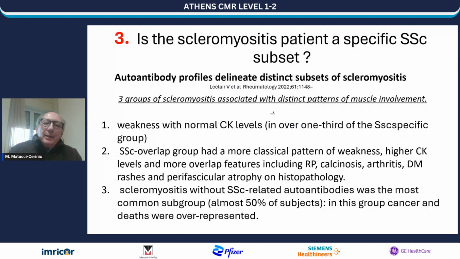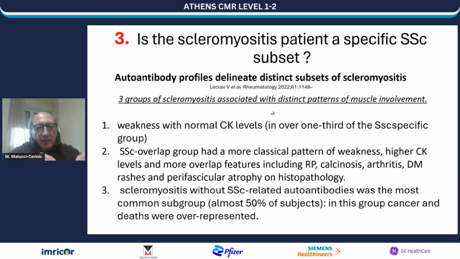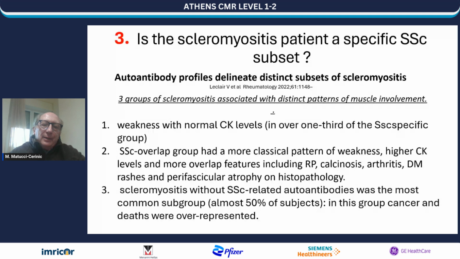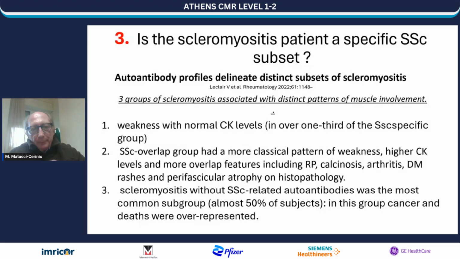So, in conclusion, there is a specific subset, and this specific subset is called scleromyositis. Why is it called scleromyositis? Because the autoantibody profile in these patients is not the classic one that usually foresees anticentromere, antitopoisomerase, and RNA polymerase, but a lot of different antibodies that characterize this specific scleromyositis group.